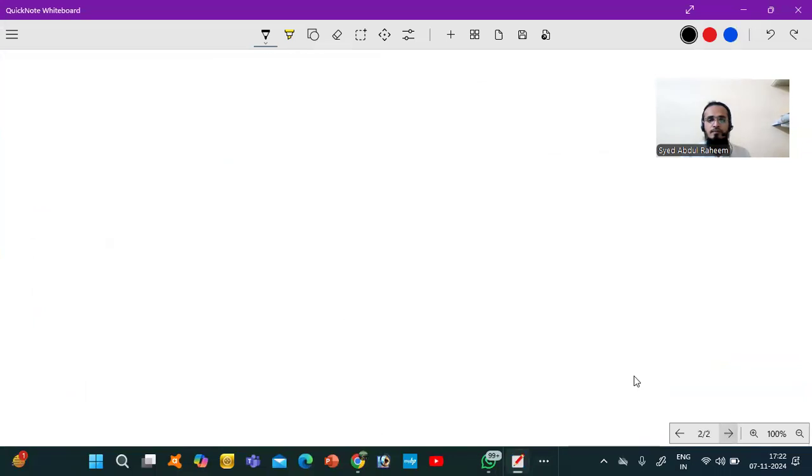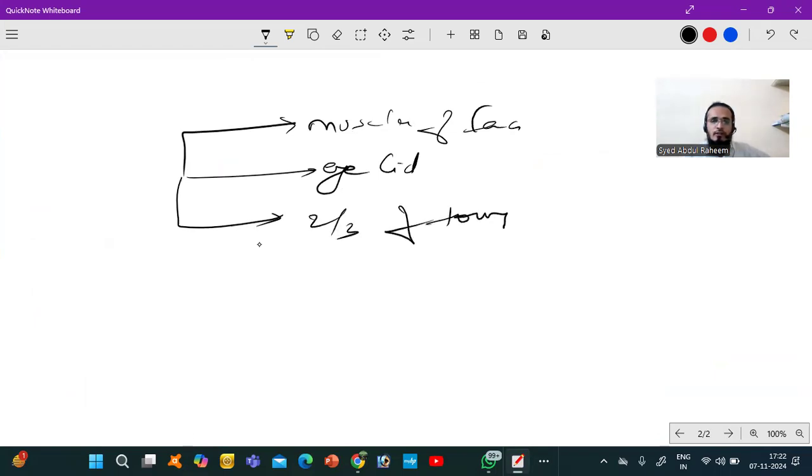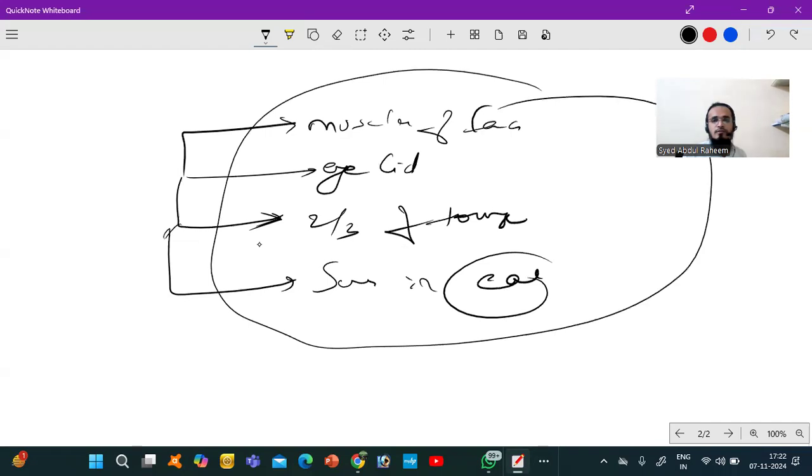So the cranial nerve is supplying the muscles of the face, the eyelid, and two-thirds of the tongue, and last is sensation in the ear, mostly the middle ear. Okay, so all these functions are from the seventh cranial nerve.